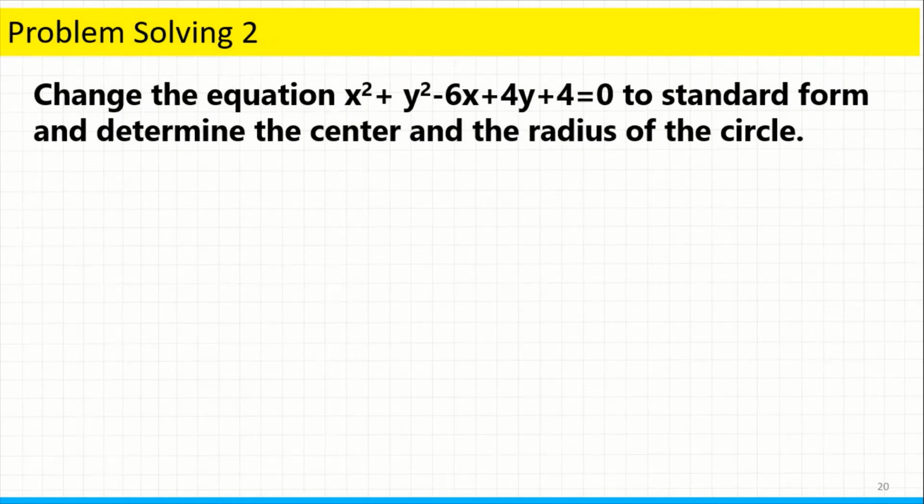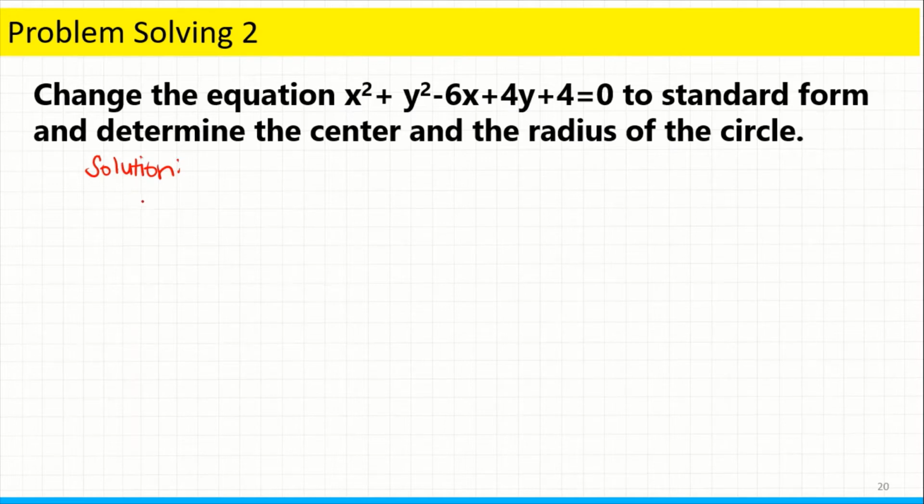Example number 2. Change the equation x squared plus y squared minus 6x plus 4y plus 4 is equal to 0 to standard form and determine the center and the radius of the circle. So again, for our solution, we can use solution 1 or solution 2, completing the square or the formula that I gave earlier.